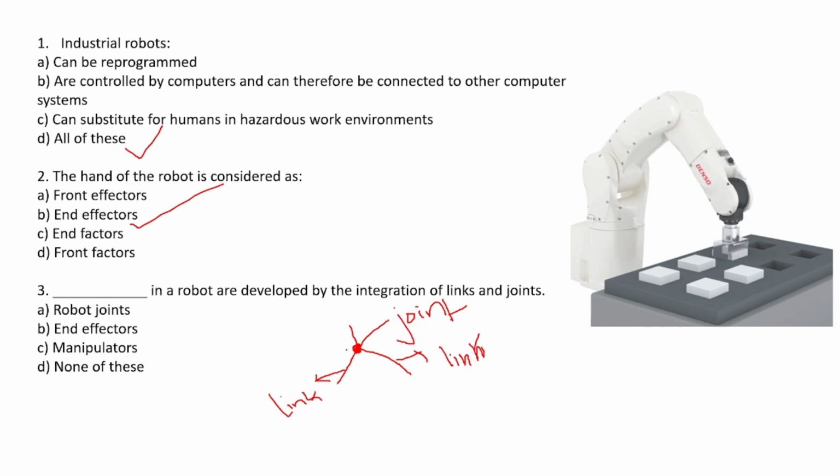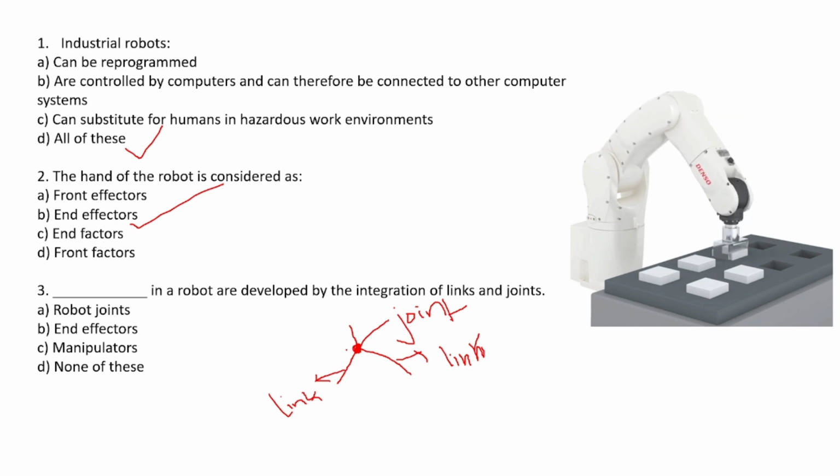Links can vary in material; they can be made of metals, plastics, or other materials. A joint is a mechanism which connects two adjacent links in a manipulator and allows them to move relative to each other. That is the working principle of a manipulator.